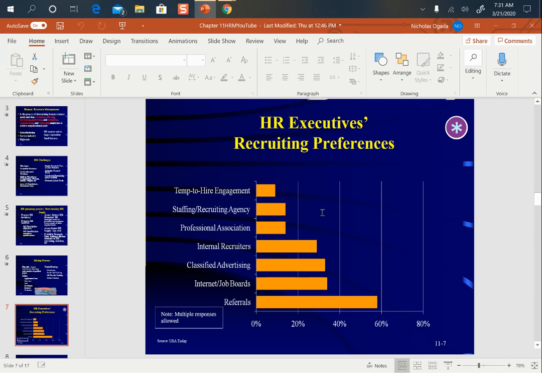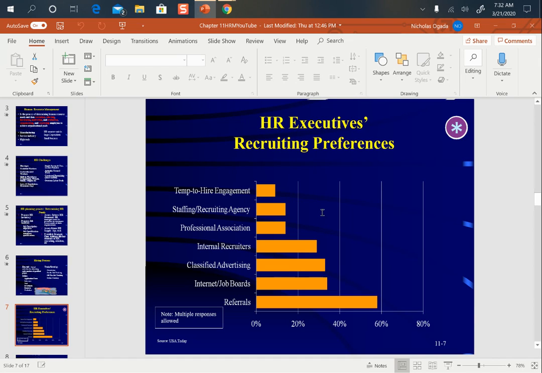This chart gives you a snapshot of some of the preferences companies use when it comes to recruitment. What you're seeing is that referral is a very key component of human resource management. I'm sure some of you, where you're working today, got that job through some kind of networking, which most likely could be a referral.